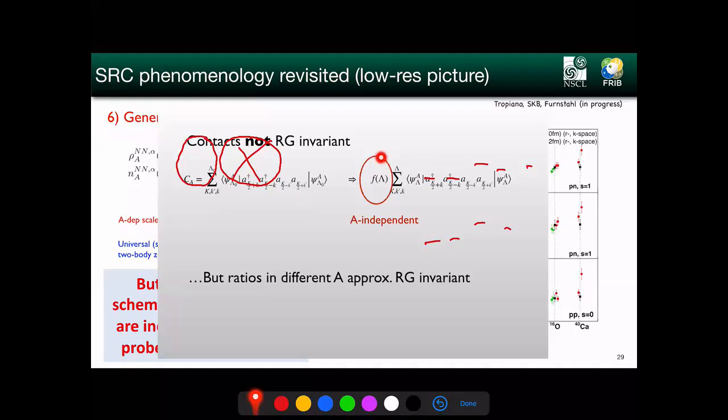It picks up some overall multiplicative factor, which depends on the RG scale that you're evolving it to. But the point here is that it's A independent. And so when you take ratios in different A, this term cancels out in the ratio. And so you arrive at the conclusion that the ratio of contacts taken in different nuclei is approximately scale and scheme independent, just from these simple leading order RG arguments.